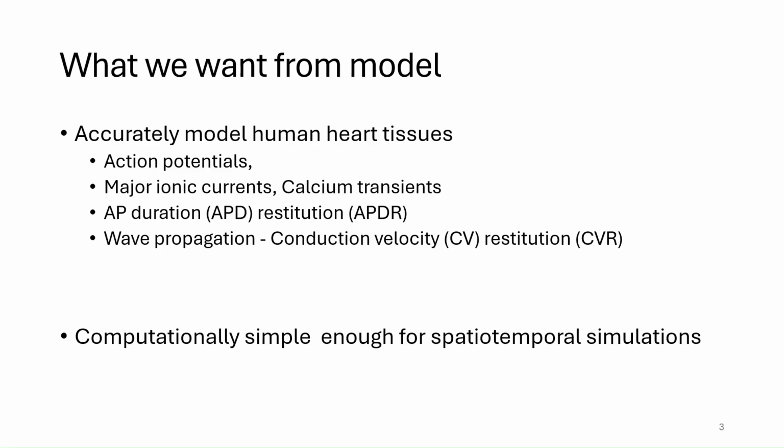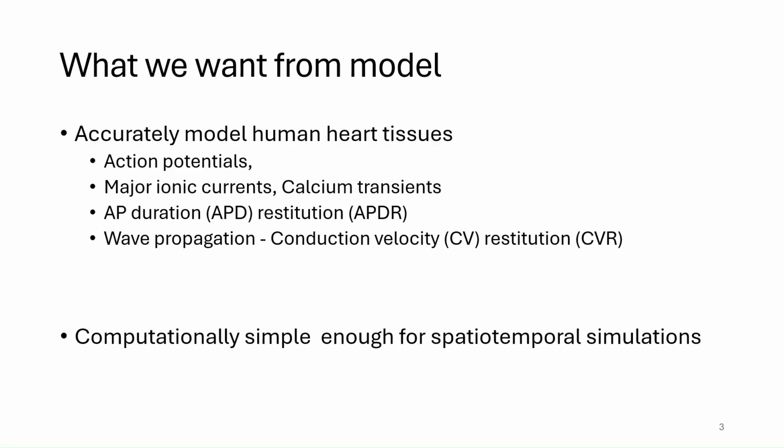So here we want a mathematical model of human heart tissue which could generate action potential and simulate major ionic currents and calcium transients. From it, we should be able to get the action potential duration and the duration between two action potentials. The model should properly capture wave propagation and the conduction velocity restitution.